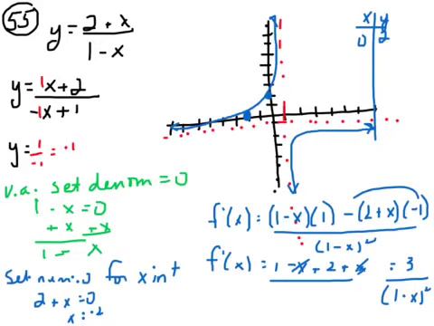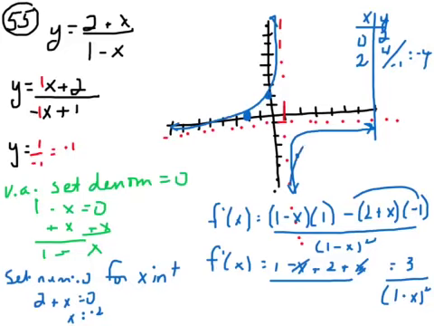But let's verify that. Let's plug in x is 2. 2 plus 2 is 4 on top, and 1 minus 2 on the bottom is negative 1, so at 2 we're at negative 4.